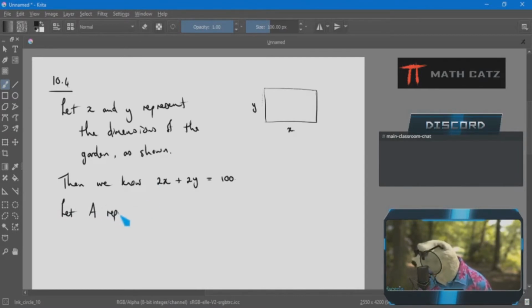Let A represent the area of the garden. You don't have to write your sentence super detailed, but you need a sentence. Any variable that's going to be used needs to be defined before I use it. Then I can say, oh, I'm going to have an area function. And the area is obviously x times y, right?